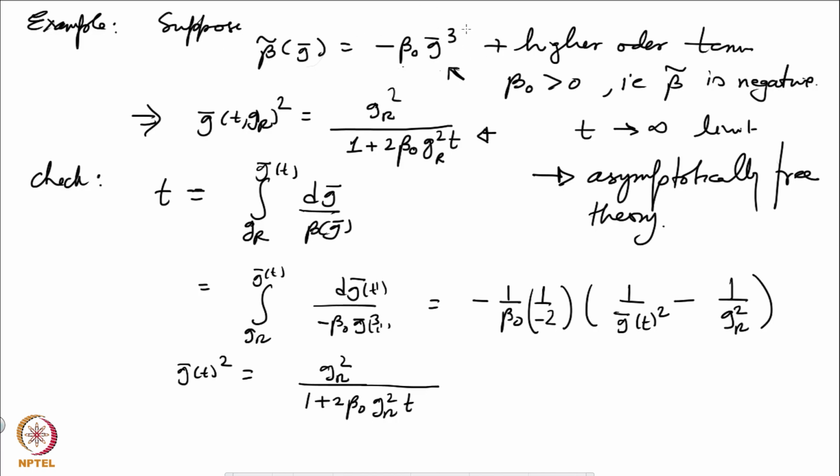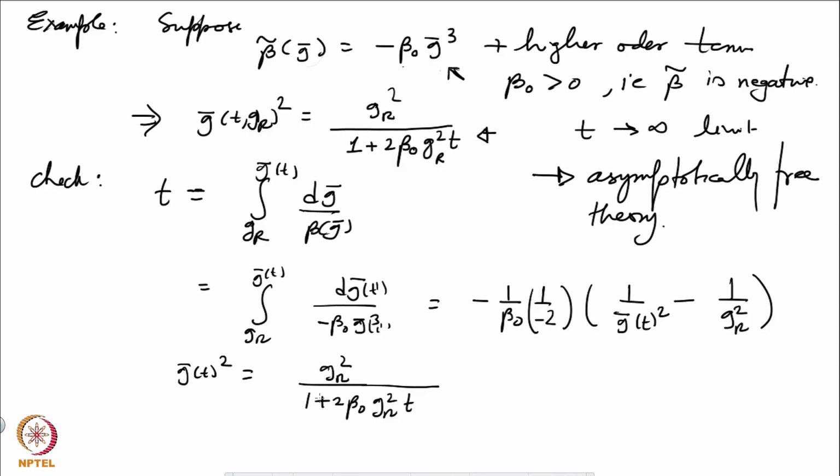Okay, so if you had done the calculation, you would have gotten beta tilde of gr equal to minus beta naught gr cube, and you are just replacing gr by the running coupling. And then we see that the running coupling behaves like this with t.